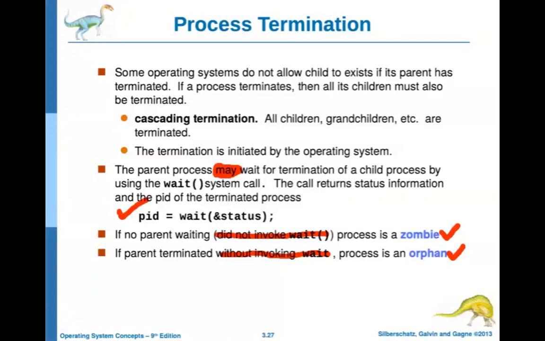That is a zombie process. Whereas if the parent itself is terminated before the child, that is fine. The process is called an orphan process. Any doubt in this? Any doubt? Fine. So today we stop here.